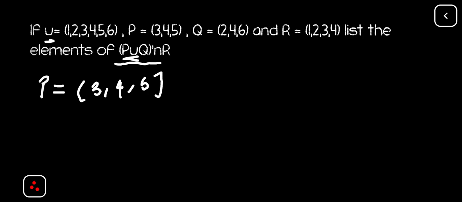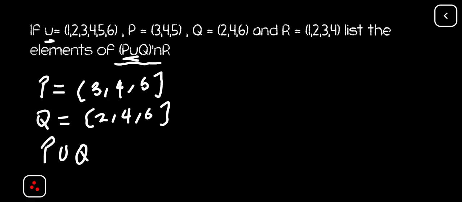Q is 2, 4, and 6, right? Now, P union Q, which is inside the bracket, is what? What is union? The union is the combination of two or more sets.